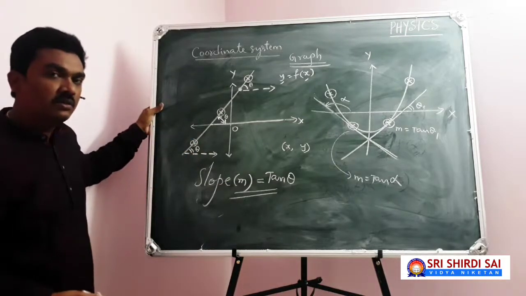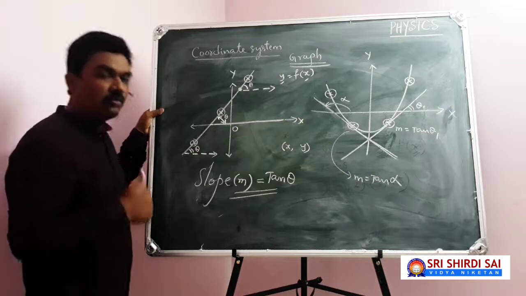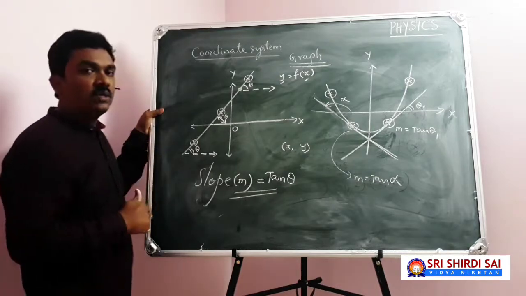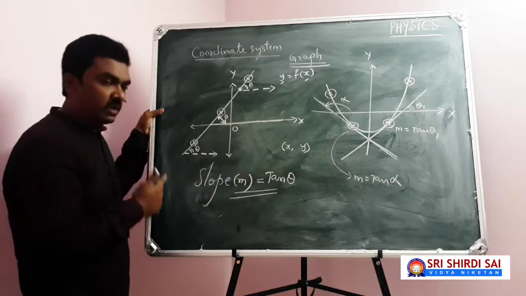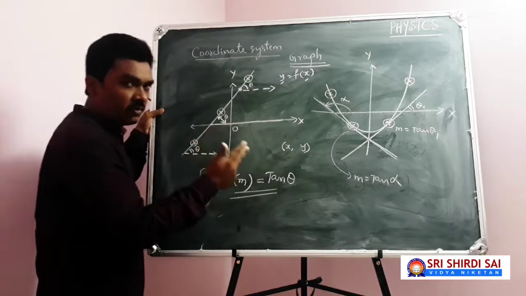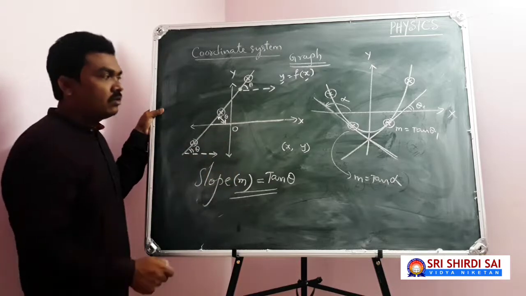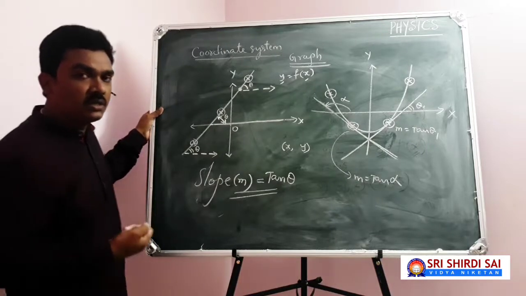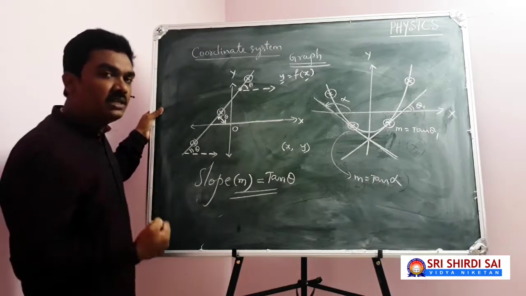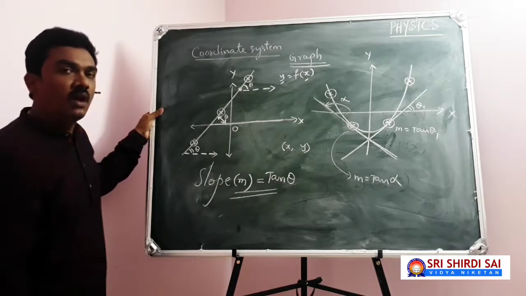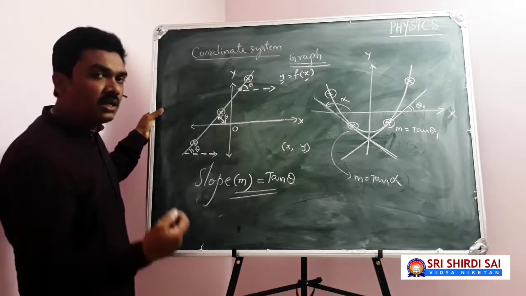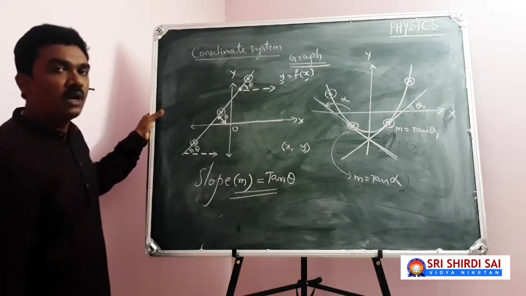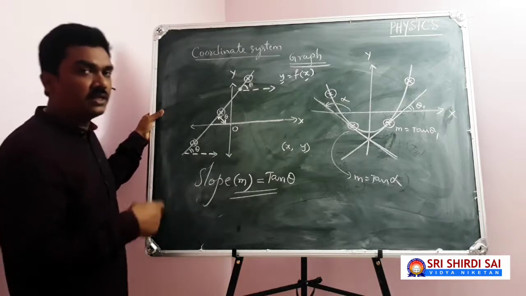So what have you learned? What is meant by graph and what will be slope of the graph, how it will be for a straight line and for a curve. Now we discuss under what conditions my graph is a straight line, under what conditions I can expect my graph is a curve, and what will be the mathematical equation.